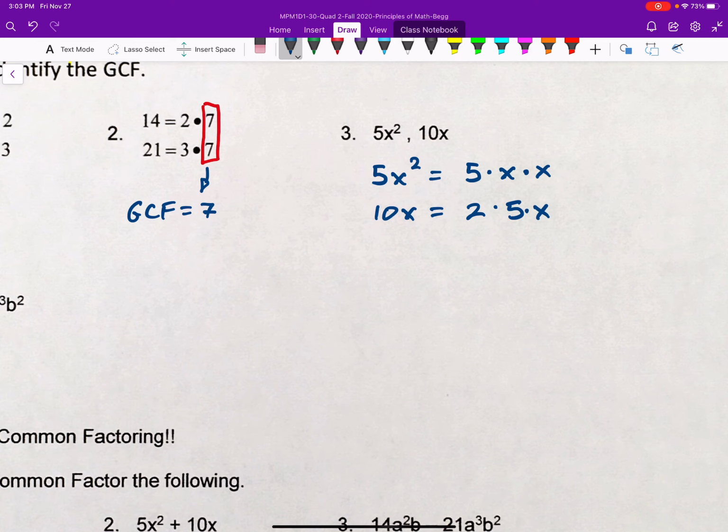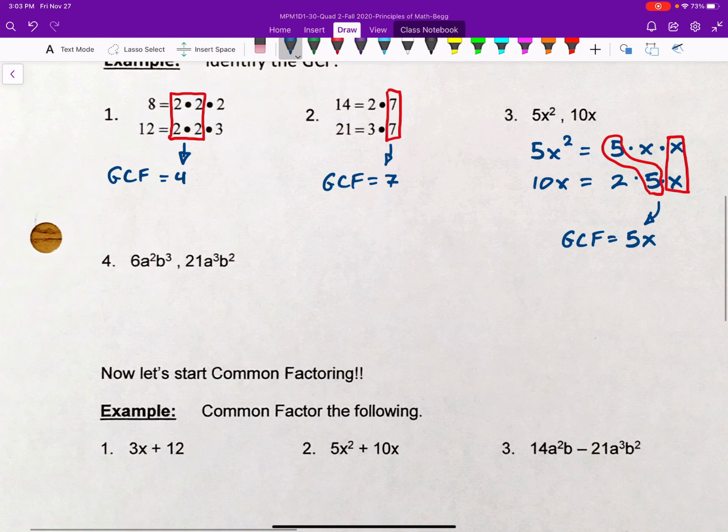I didn't line them up nicely like I did before, but I could still sort of circle things. I could match up one x from each one of these, and I can match up the 5s, one from each of these. Those are the parts I can pick out from each one. So the greatest common factor, the biggest thing that I could take out of 5x squared and 10x, is 5x.